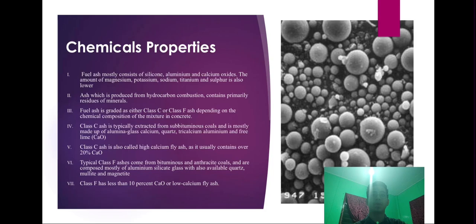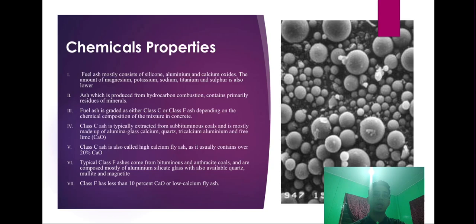This makes fly ash graded into two classes, which are Class C and Class F. This happens depending on the chemical composition of the mixture in the concrete.